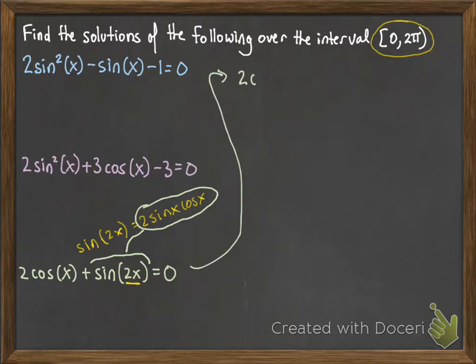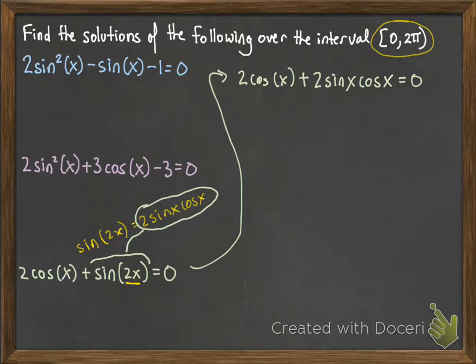So I go 2 cosine of x plus, and instead of writing sine of 2x, I'm going to use this. And now we have something that is doable. At this point, I want to use the same techniques from a couple of slides ago.